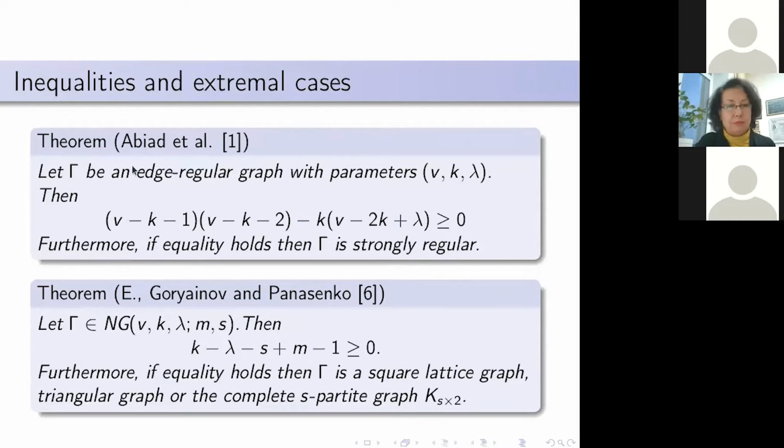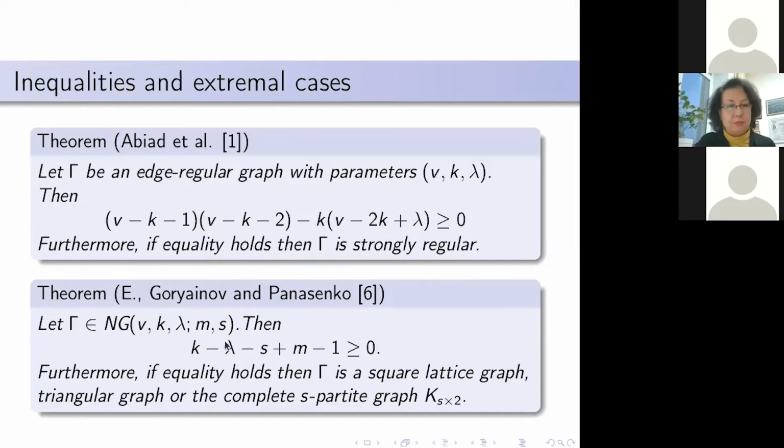For example, this condition Martin introduces, which I think applies to edge regular graphs in general, but Martin presents it as a condition on Neumaier graphs, says that an edge regular graph must have parameters which satisfy this inequality, and in the extremal case, when equality holds, then the graph is necessarily strongly regular.